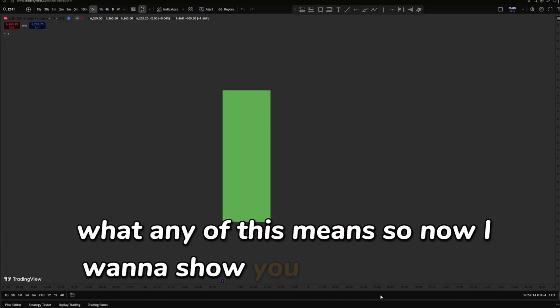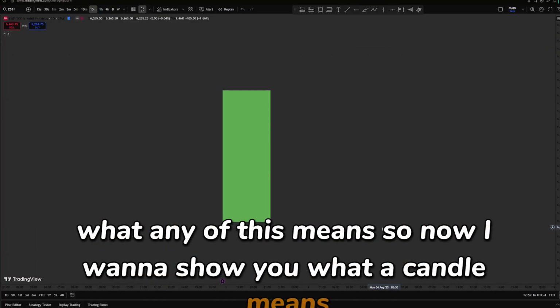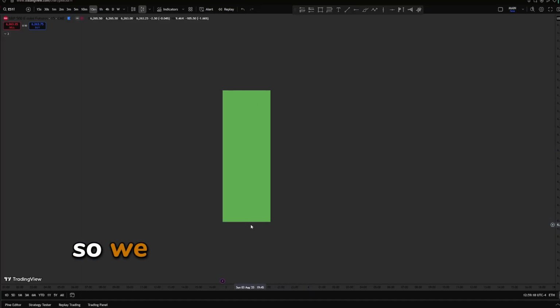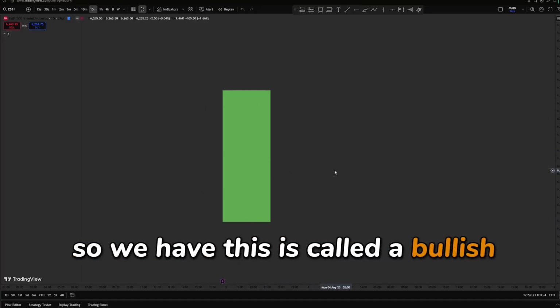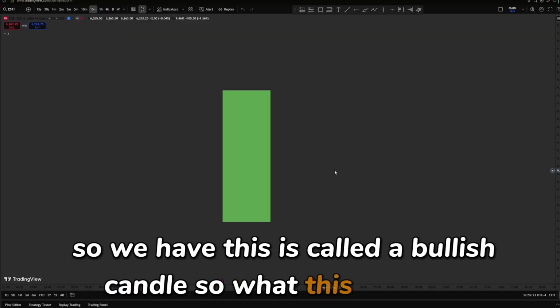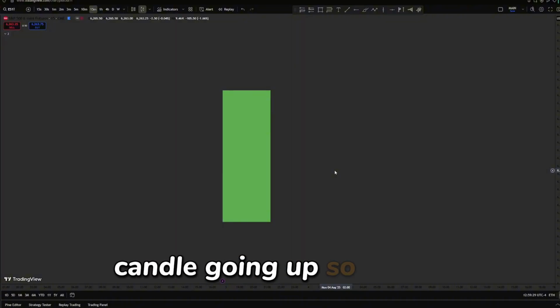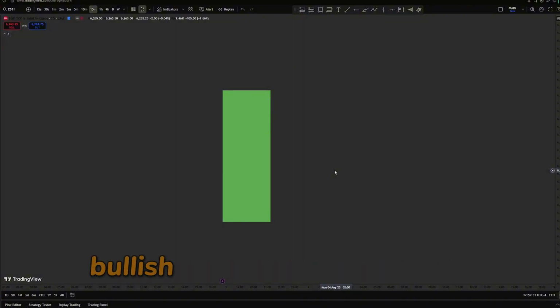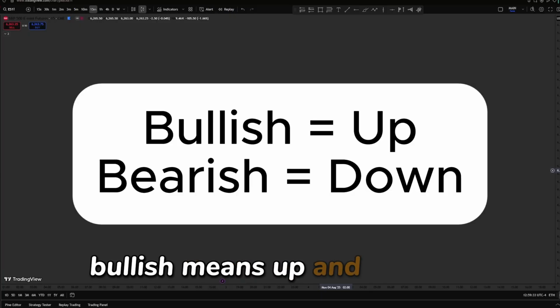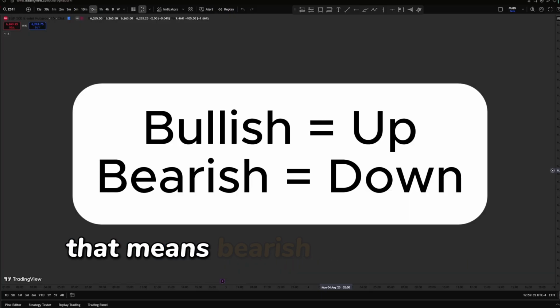So now I want to show you what a candle means. So this is something called a bullish candle. What this means is a candle going up. So in short, bullish means up, and for down, that means bearish.